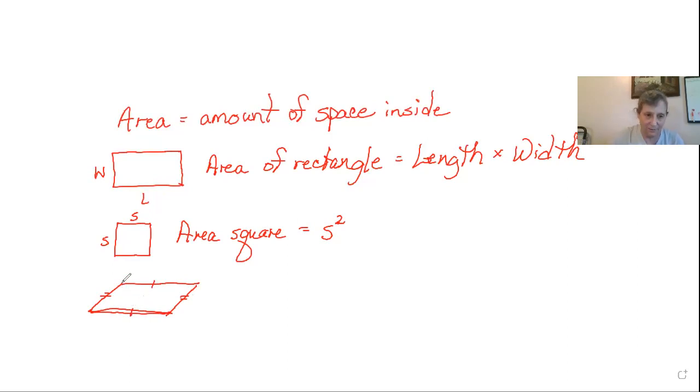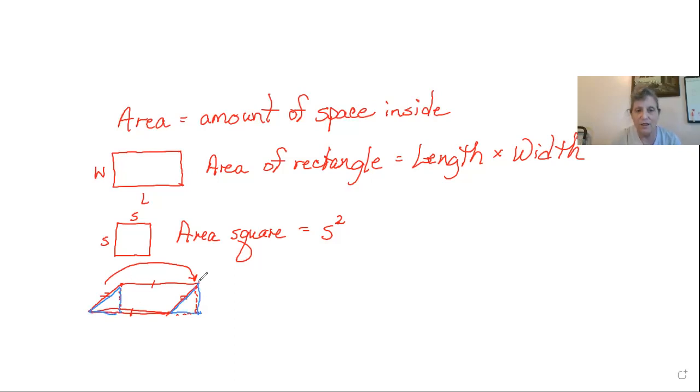Well, with a parallelogram, if I were to cut this down from this vertex straight down at 90 degrees to the other side, and then turn around and take this and move it over to here, it would become a rectangle, because these 2 sides are parallel. This triangle has to be exactly the same size as this triangle.